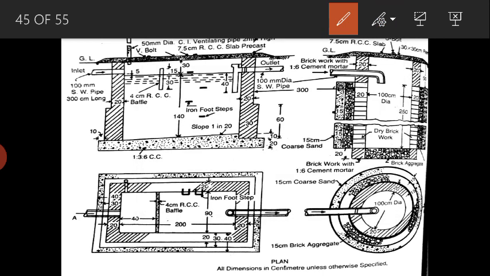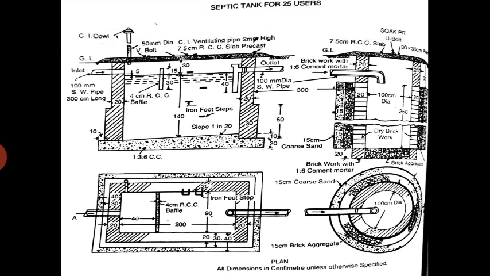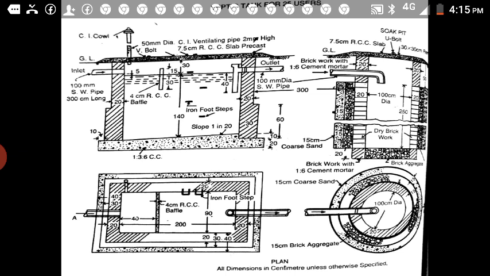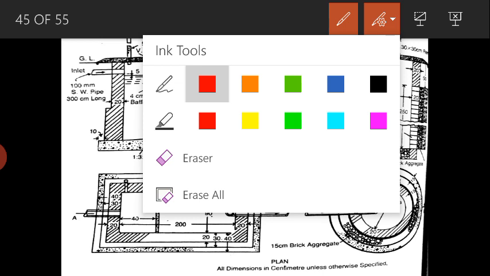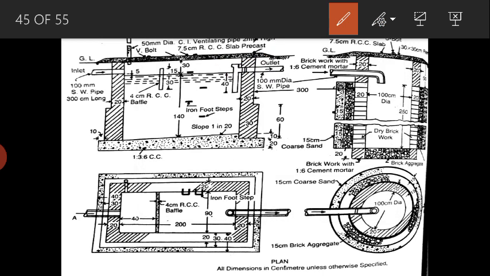Then the roof covering slabs and the baffle walls are made up of precast RCC. Whatever slab you can see in this portion is made up of precast RCC.